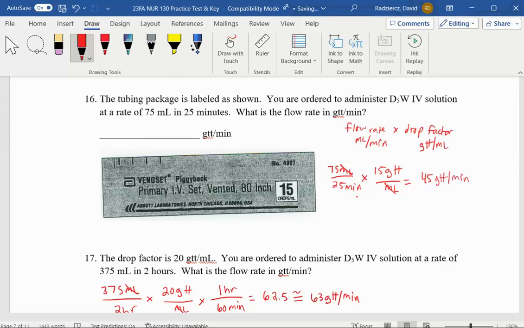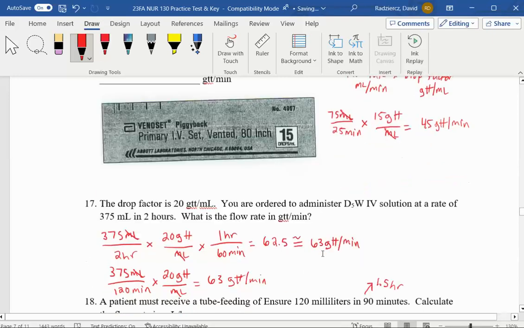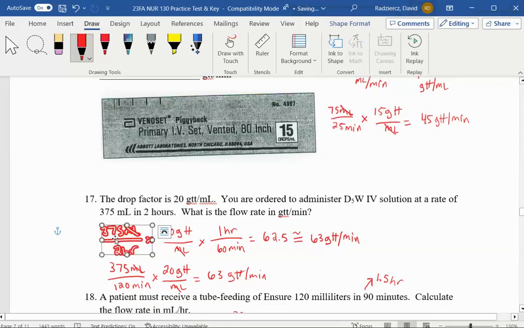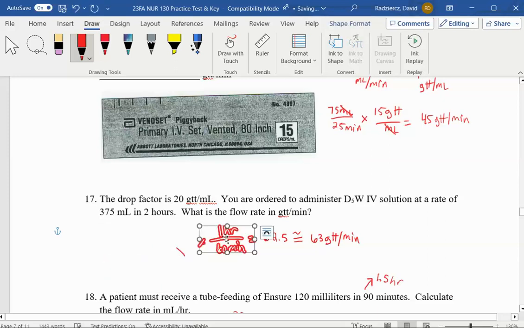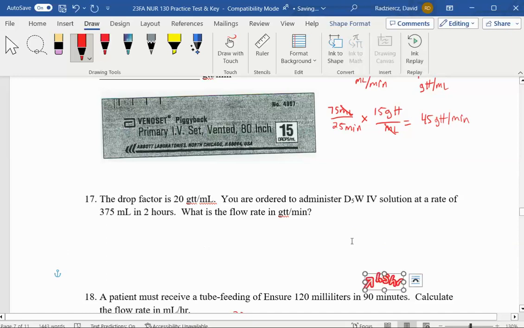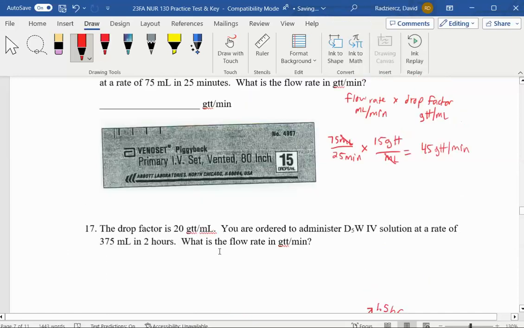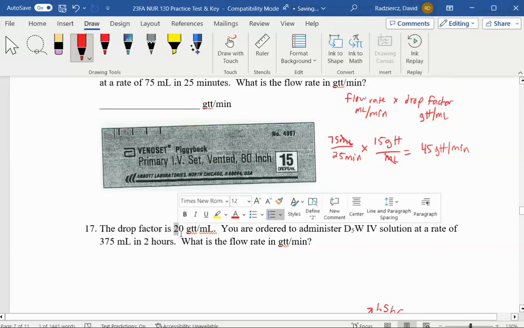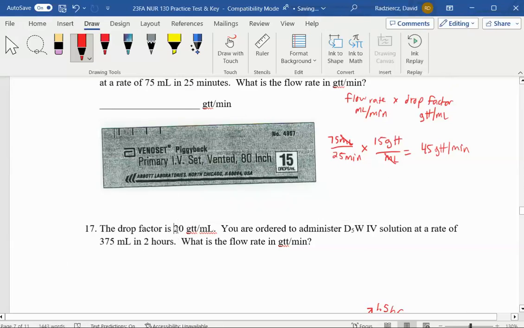So let's practice one. I'm going to give you this question here, and I'm just going to clear this out and change the variables, so that way we'll leave that alone. For this example, we'll use 25 as the drop factor.